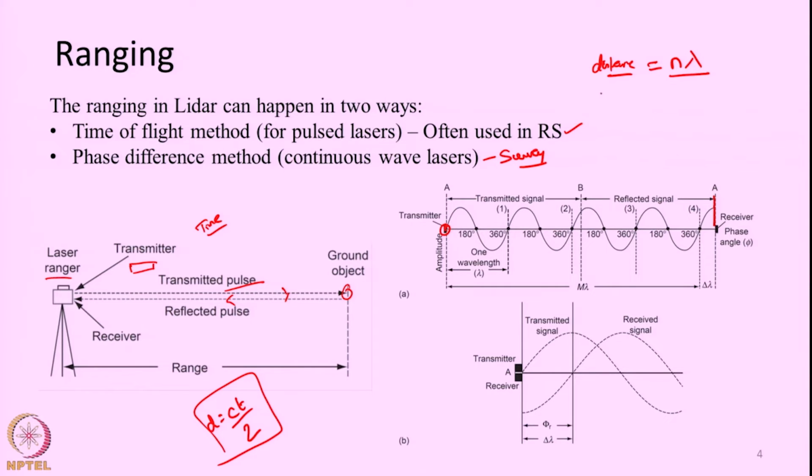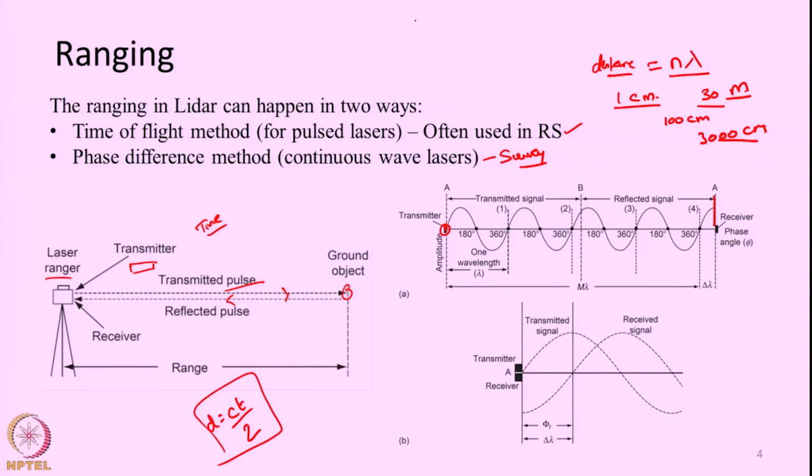For a simple example, let us say the wavelength is 1 centimeter. Say the distance between the transmitter and receiver is 30 meters. So 30 meters is an integral multiple of this. Every meter has 100 centimeters, so this is 3000 centimeters, which is an integral multiple.